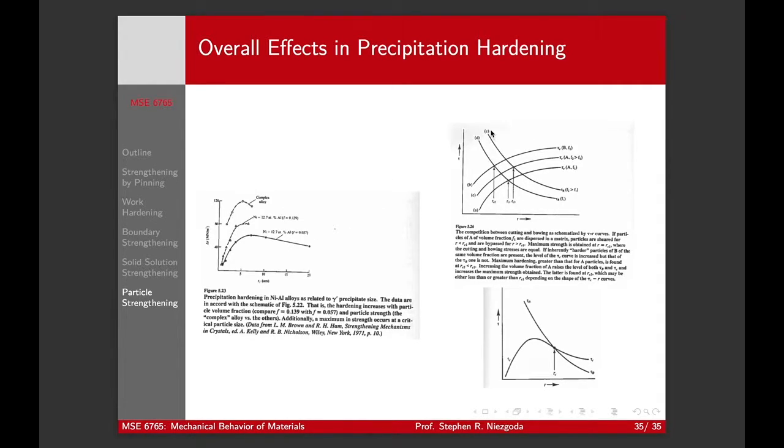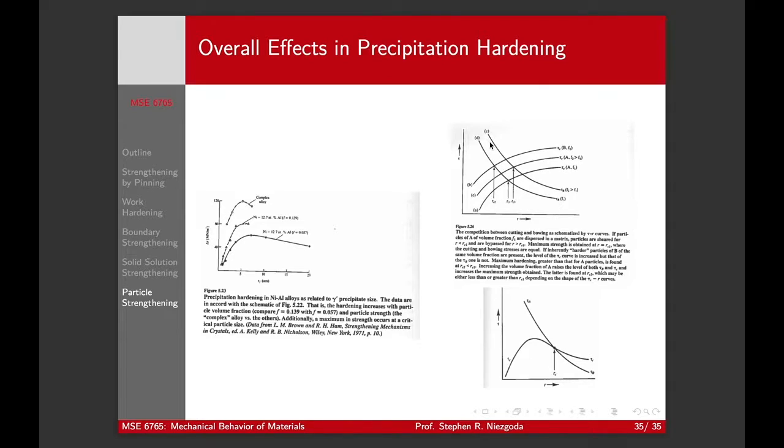So we have as the particles get bigger, right? When the particles are small, they tend to be cut. When the particles are big, they tend to bow around them. So you can see here how difficult it is to cut gets smaller as the particle gets larger, right?